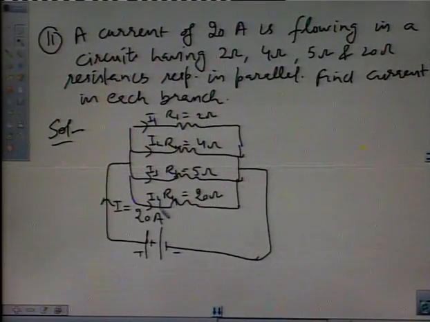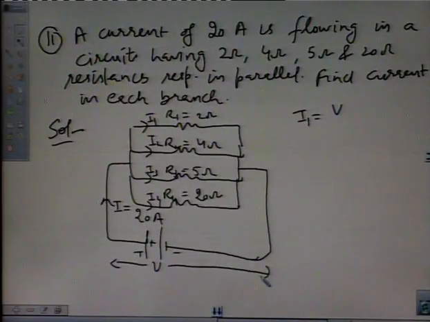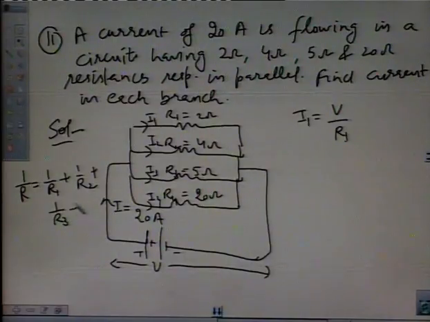So the value of I1 is equal to, the voltage across each remains constant. Each resistance has same voltage, V upon R1. Now firstly we will find the value of voltage V. Firstly we will find the total resistance in parallel. 1 upon R is equal to 1 upon R1 plus 1 upon R2 plus 1 upon R3 plus 1 upon R4.